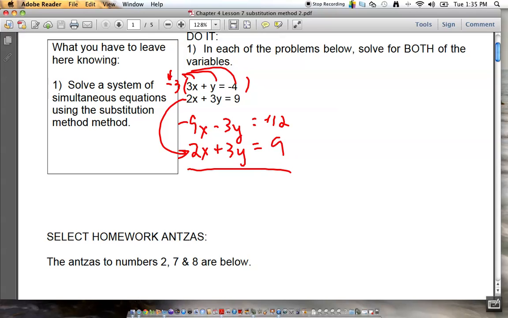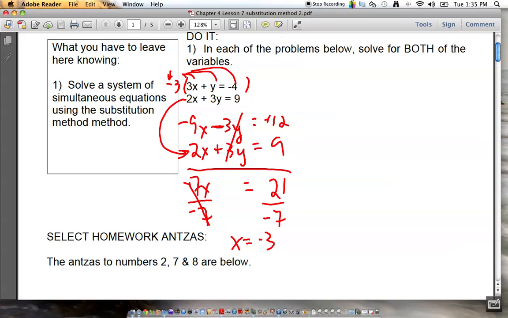By using the negative on the 3 here, it makes that a -3y, and now I can just add them up. What's -9x's and +2x's? If it's -9x's and 2x's, it's a -7x's. Y equals 12 and 9 make 21. Divide by -7, x is -3.